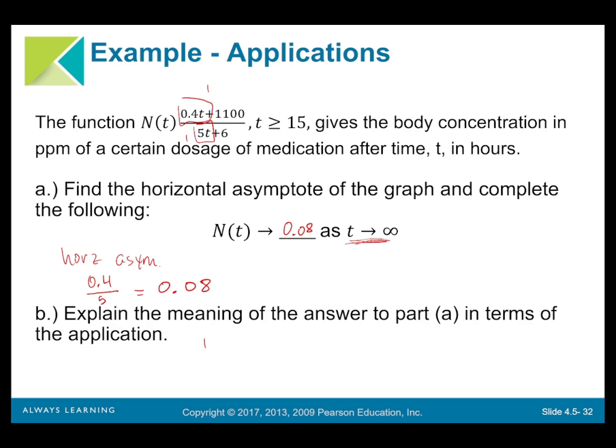That means that there is always 0.08 ppm in someone's body as time goes on. So essentially, it never leaves the body, this medication. That's what this function is telling us. It settles in on 0.08 ppm, and it doesn't go all the way to zero, which is kind of interesting, I think, given the function that we see there.